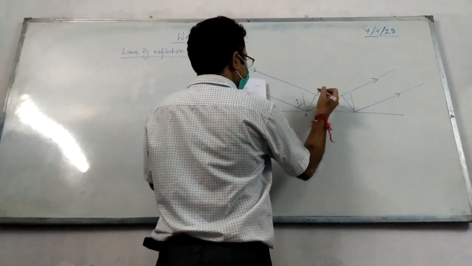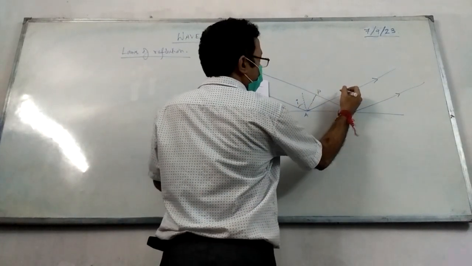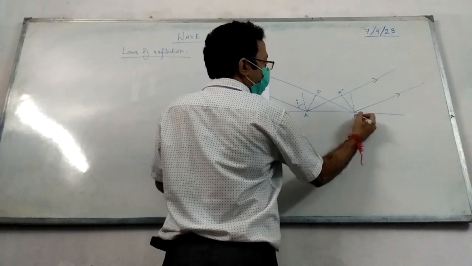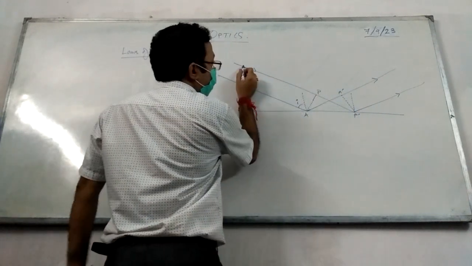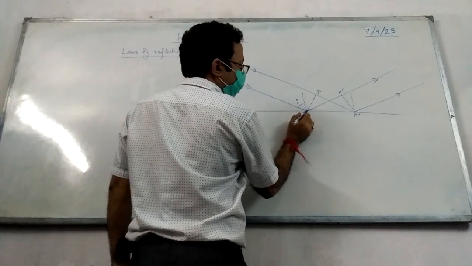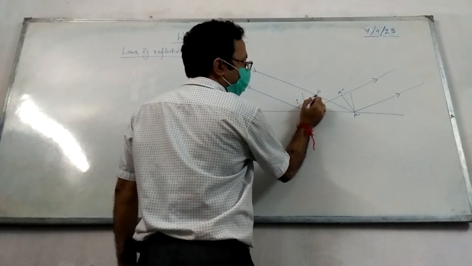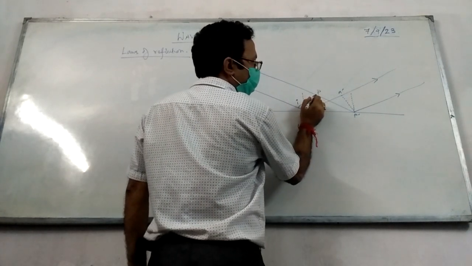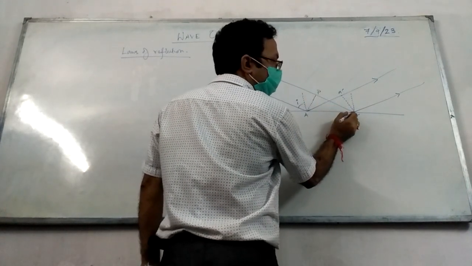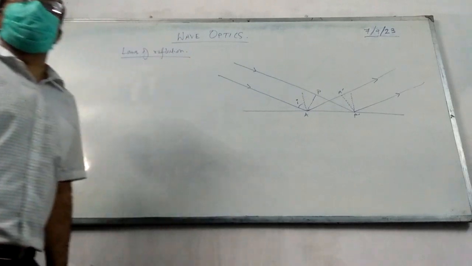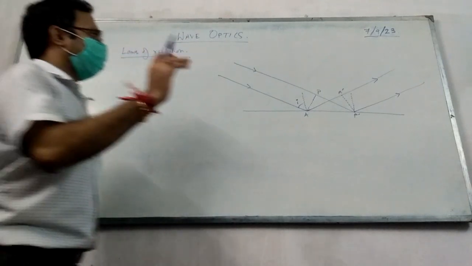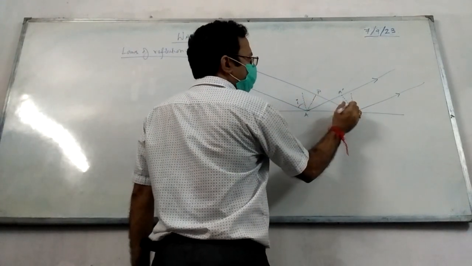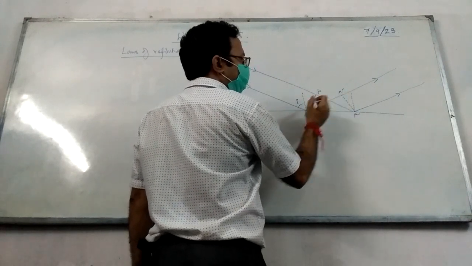AP is the incident wavefront, and A dash P dash is the reflected wavefront. Means the rays that are coming over here at the points A and P, the ray reflected from A comes to A dash, and the ray coming from P is incident at P dash, and after that it is getting reflected. Is that clear? AP is called the incident wavefront, and A dash P dash is the reflected wavefront.